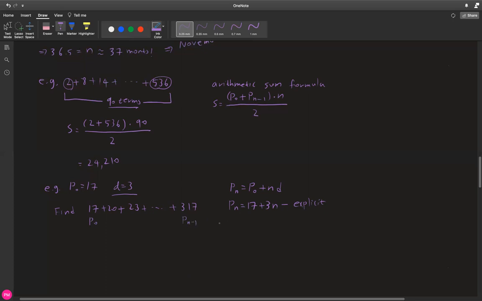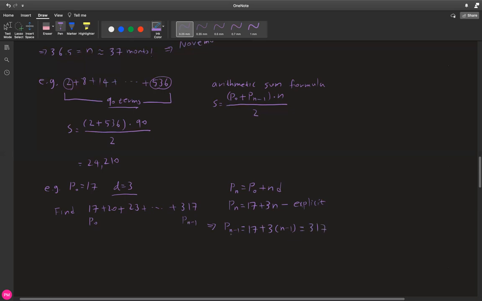So for n terms, the P sub n minus 1 is actually given as 17 plus 3(n minus 1), and that is 317.